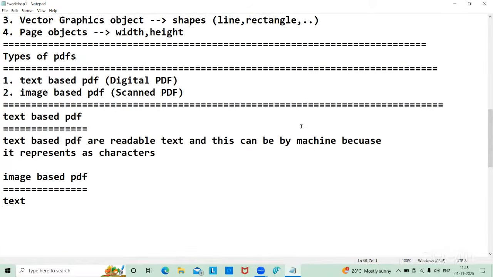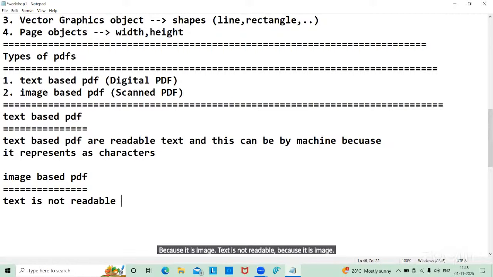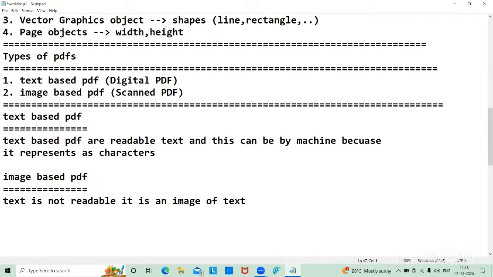The text is not readable because it is an image. It is an image of text. Now that is what you call image-based PDFs.